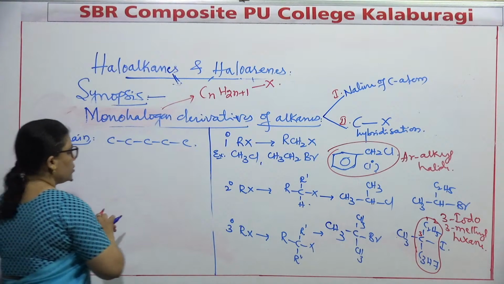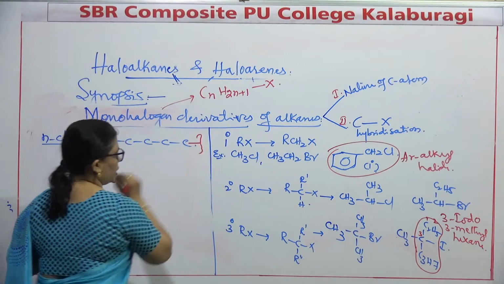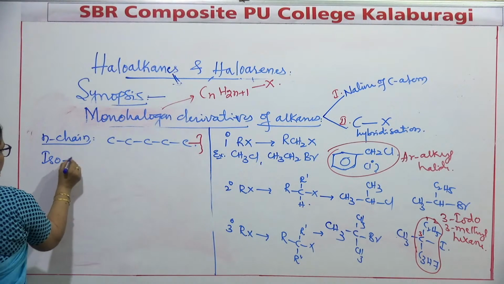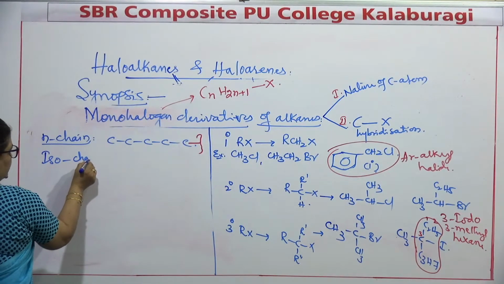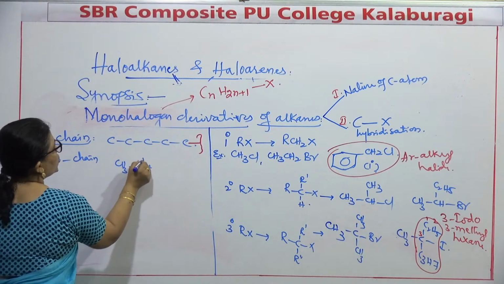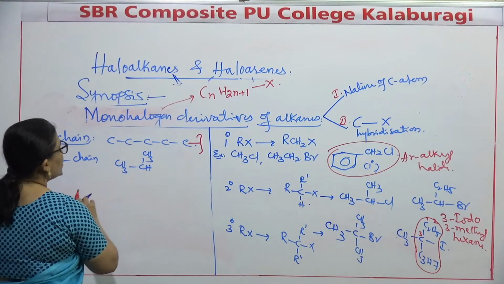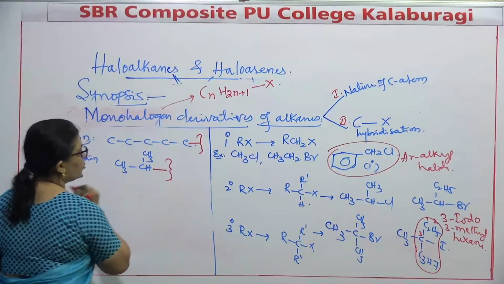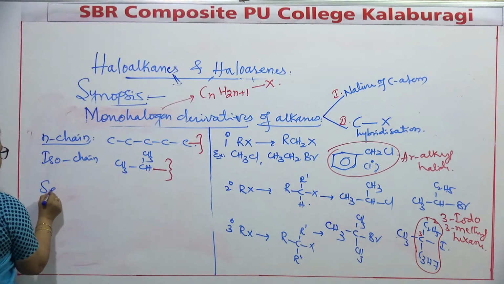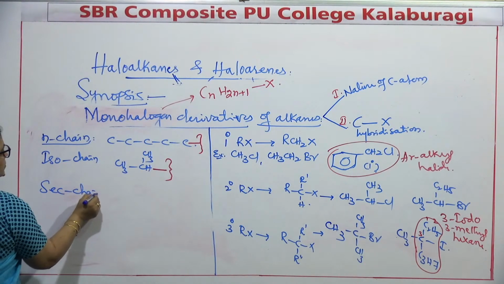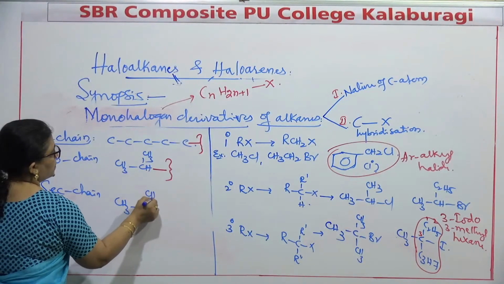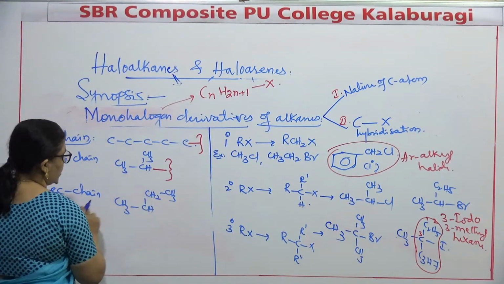Here the chain will continue. Same way, whenever you are going to write an iso chain, CH3, CH, CH3. Again, this chain is going to continue. Same way, secondary, CH3, CH, CH2, CH3.